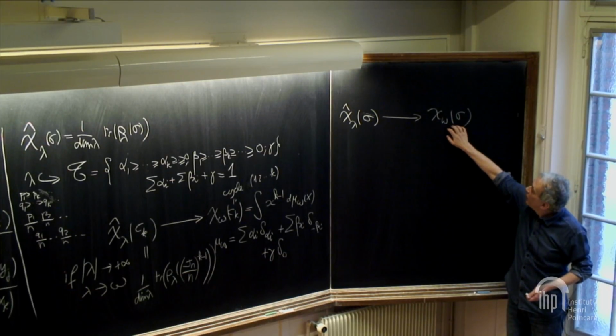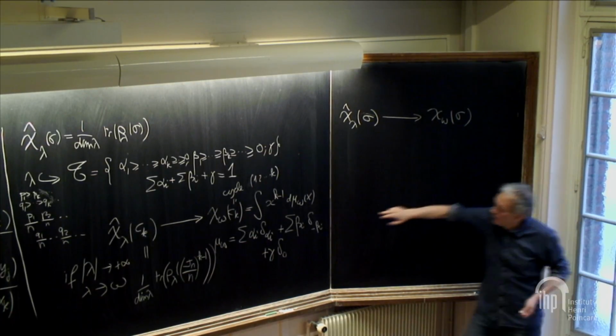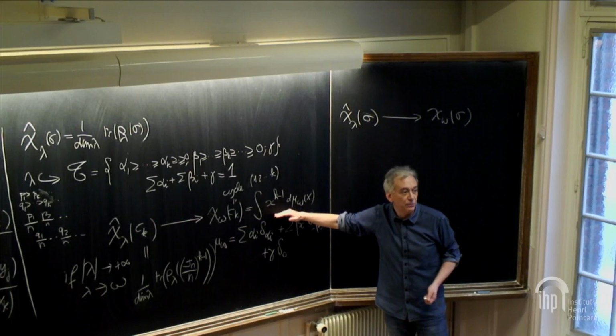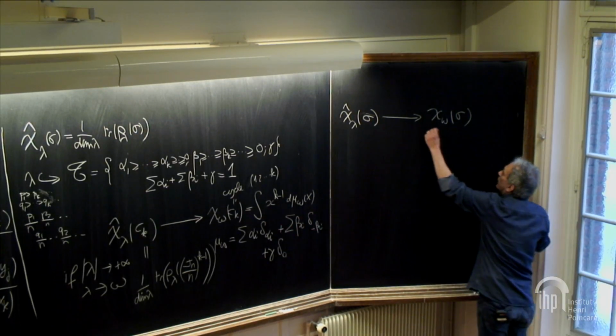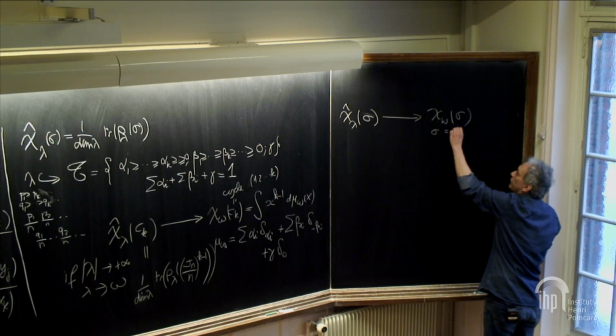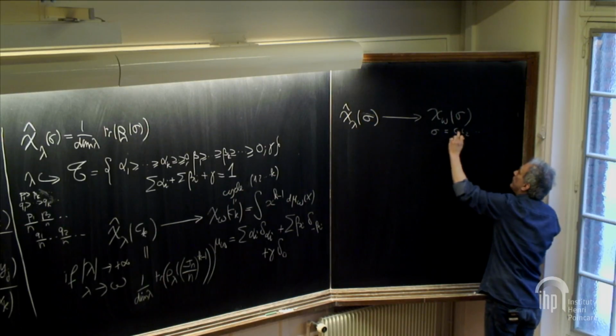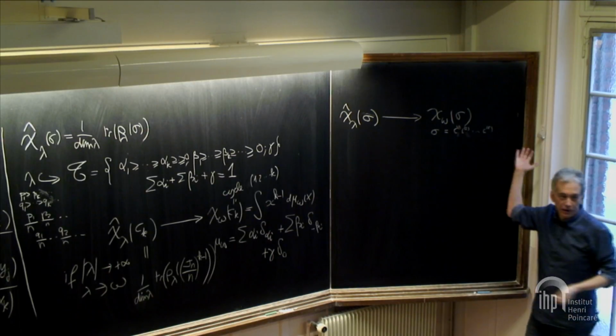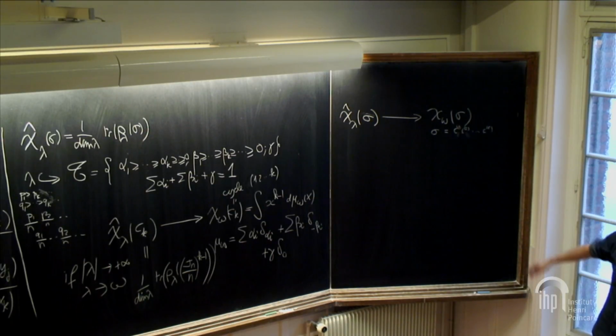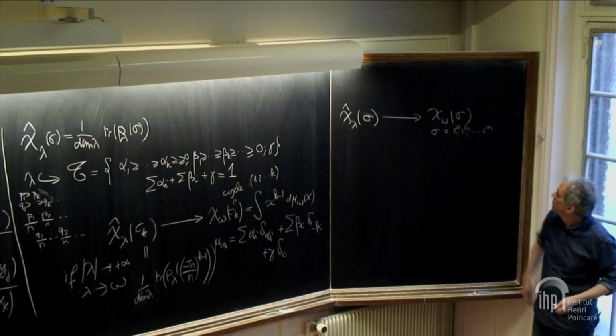So these are defined by the fact that their value on the cycle is given by these moments here, and moreover, they are multiplicative. That is, if sigma is written as a product of non-trivial cycles, say C1, C2, ..., CR, so some cycles which are disjoint, the unique decomposition of sigma into non-trivial cycles.